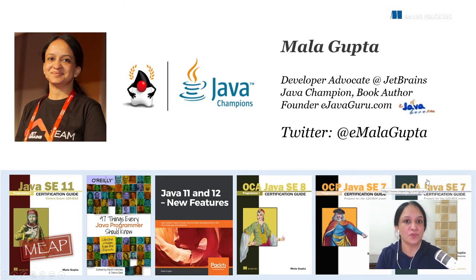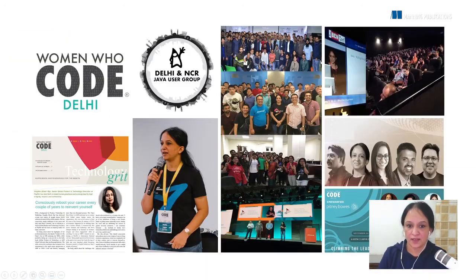Which, as most of you would know, is the most used and loved IDE by JVM and Java developers. I'm also a Java champion, and I have written a load of books with many amazing publications, because I believe that writing Java certifications can take your Java skills and career to the next level.